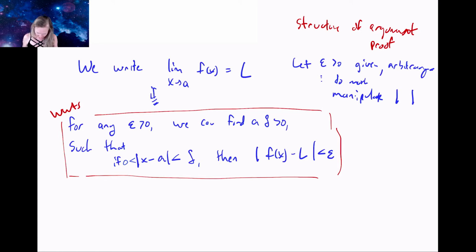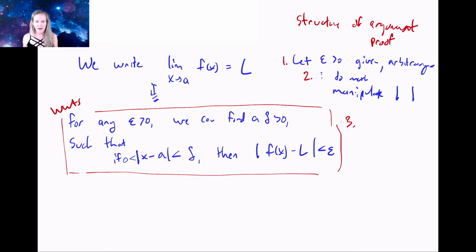So our first step is to let epsilon greater than 0 be arbitrary. Second step is to do math and manipulate absolute value structures. The third thing we would do then is to assert the value of delta. So it will generally look like, 3, let delta equal something, and that something is an expression of epsilon.